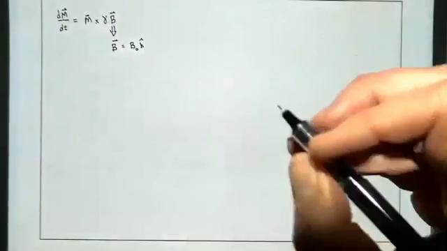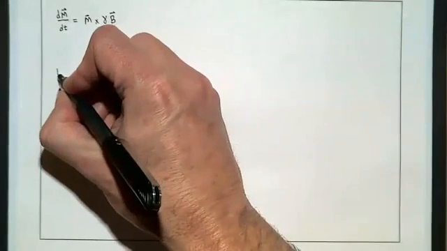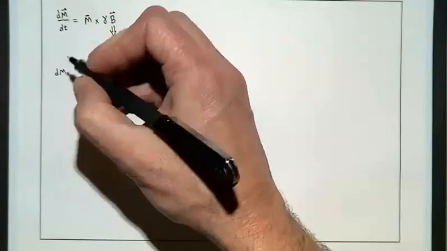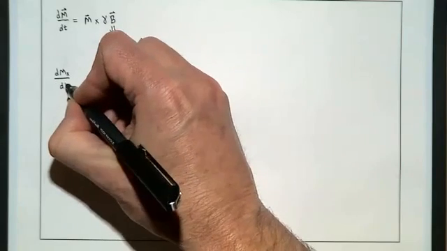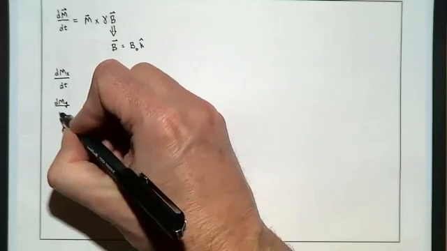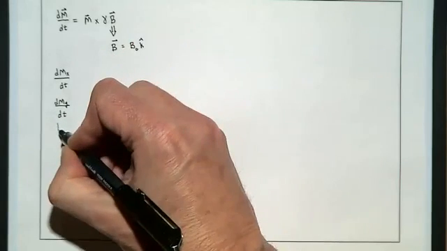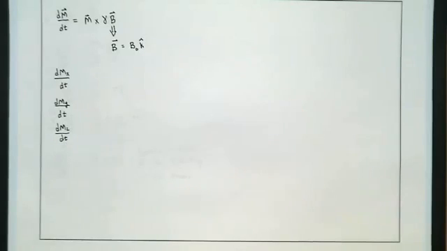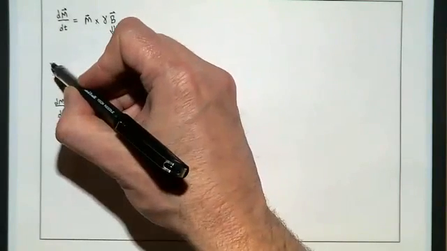And so the way I'm going to do that is I'm going to say that dmx/dt, dmy/dt, dmz/dt are just the components of the left-hand side of the equation of motion, and they're just going to form a vector for me.